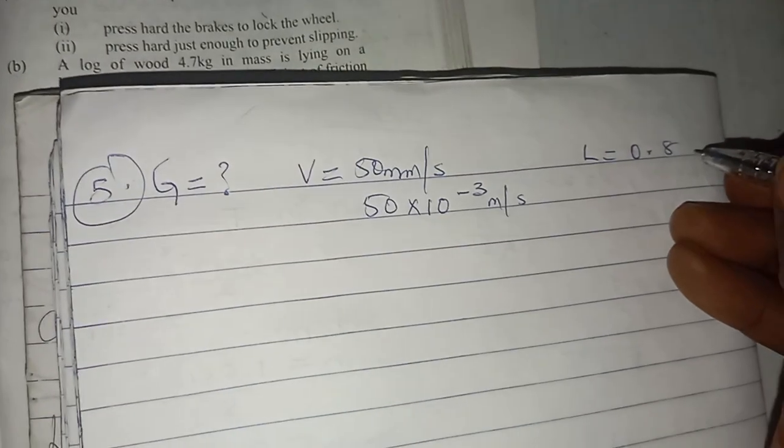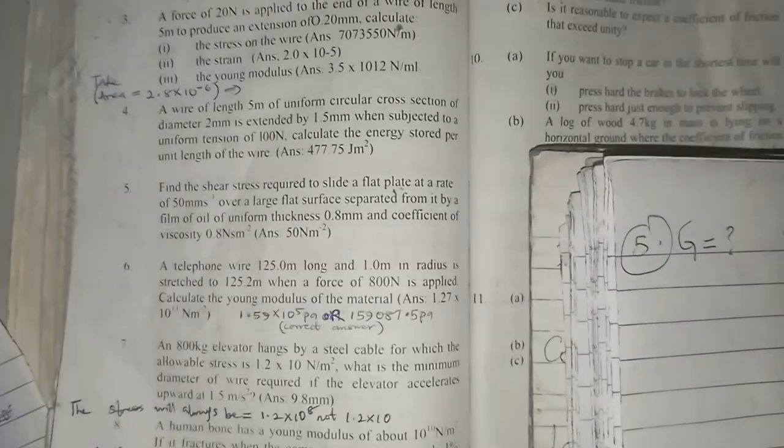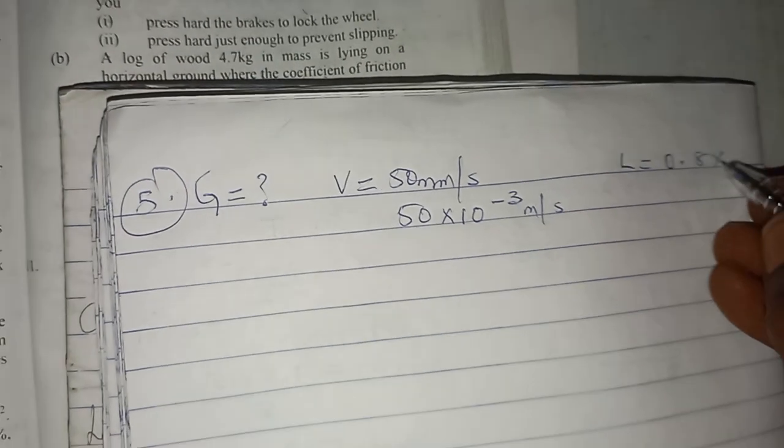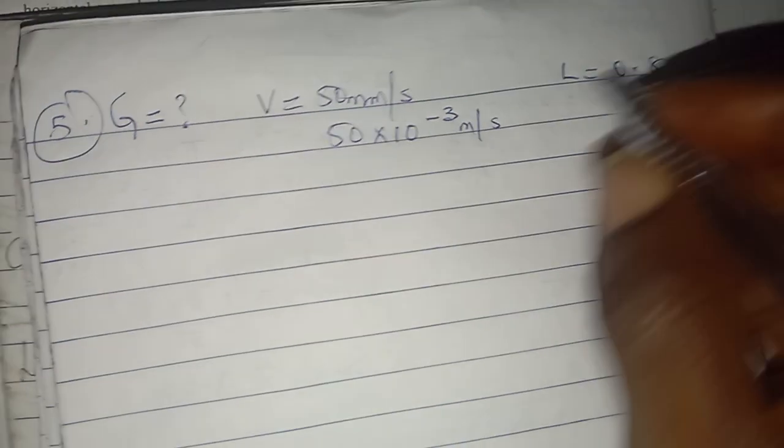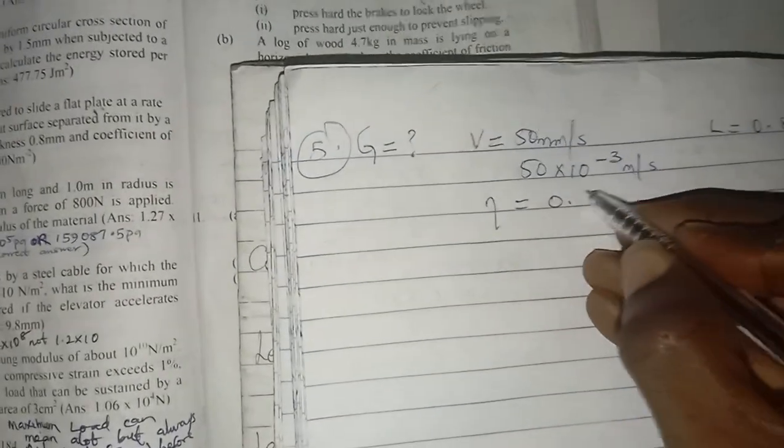Thickness, which is length, equals 0.8 millimeter. To convert it to meter, it's times 10 raised to the power minus 3 meter. Coefficient of viscosity given is 0.8.